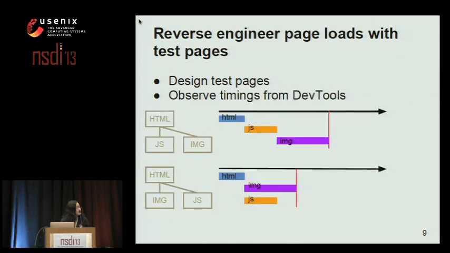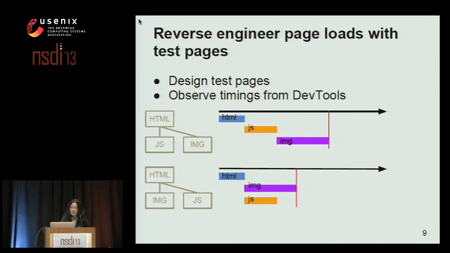Now, we load the test pages from different browsers. We observe the timings from developer tools, which are available from all major browsers. Now we look at the 2 pages that we previously reviewed. The first page has a JavaScript and an image, and the second page has an image followed by a JavaScript.